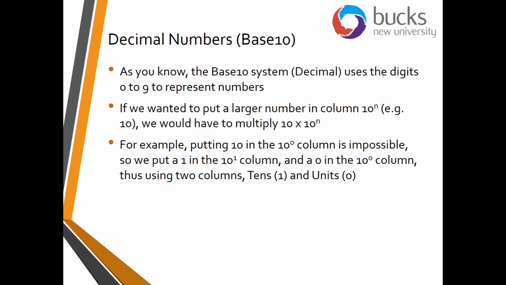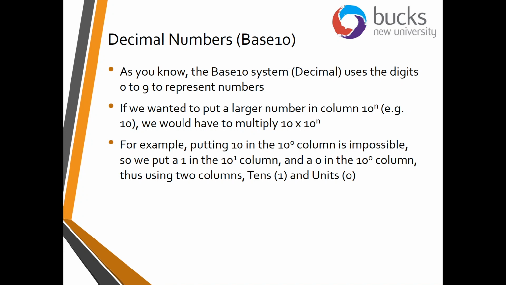So, as we know, the base 10 system, which we call the decimal system, uses the digits 0 to 9 to represent numbers. If we wanted to put a larger number in column 10 to the n, e.g. 10, we would have to multiply 10 times 10 to the n. For example, putting 10 in the 10 to the 0 column is impossible.